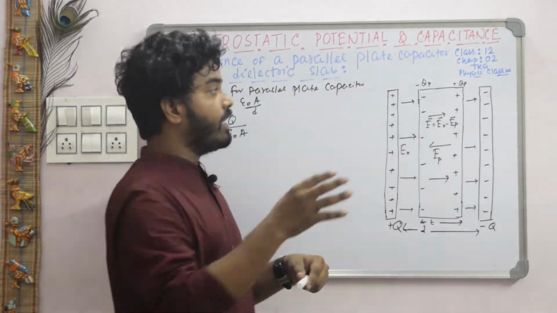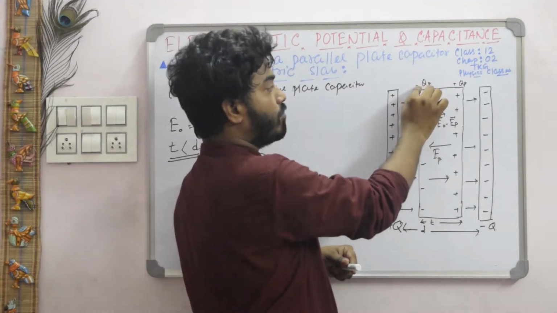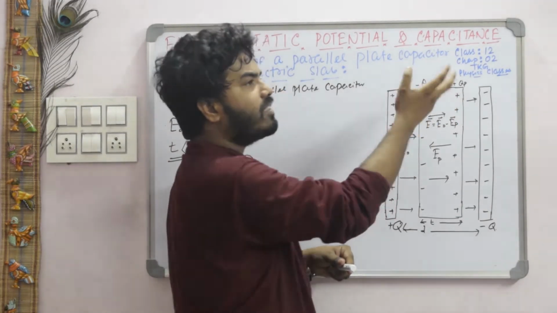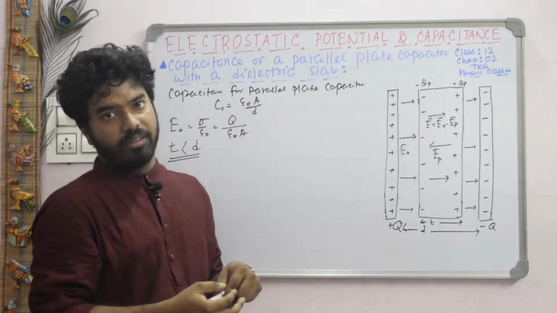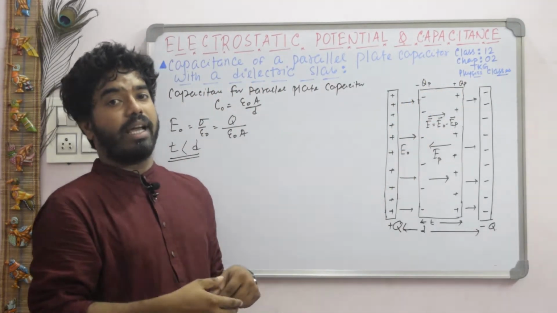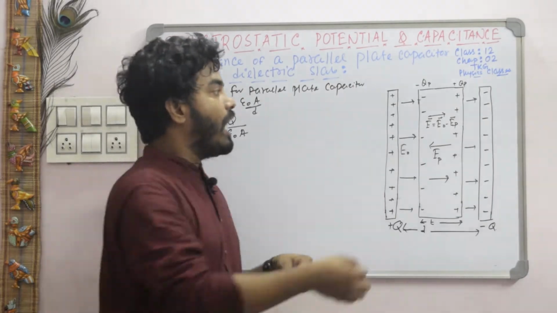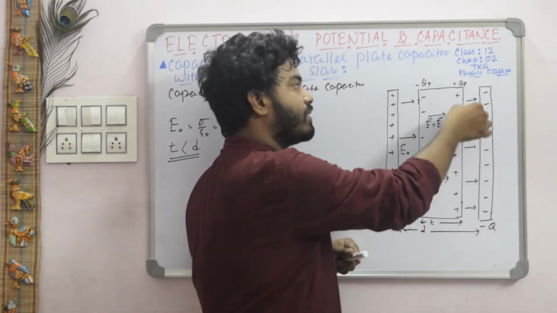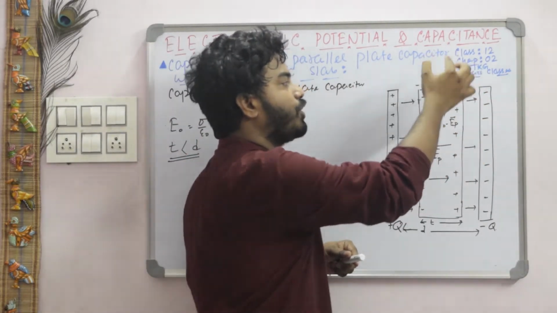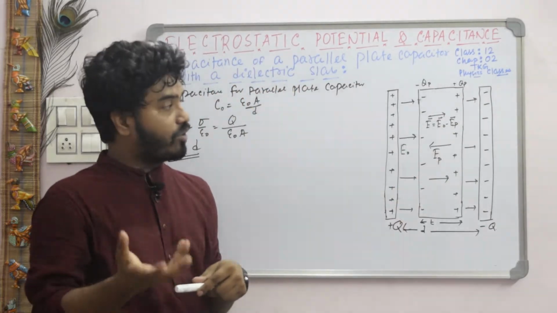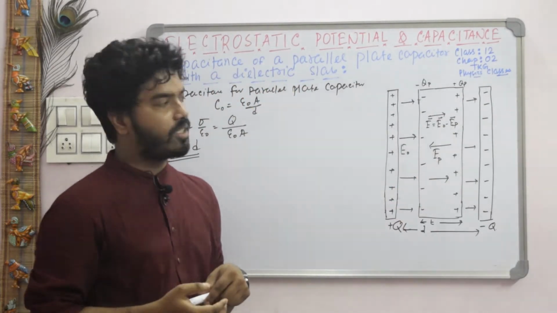We can call this charge minus QP, where P means polarization, the charge induced due to polarization. And for the positive charge we express it as plus QP. This is also induced charge, the polarized charge.